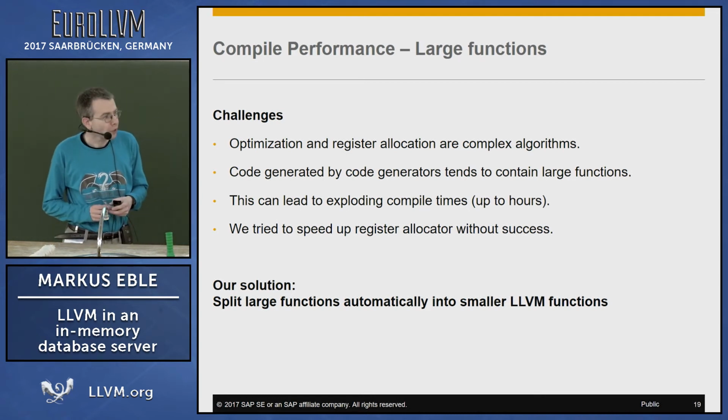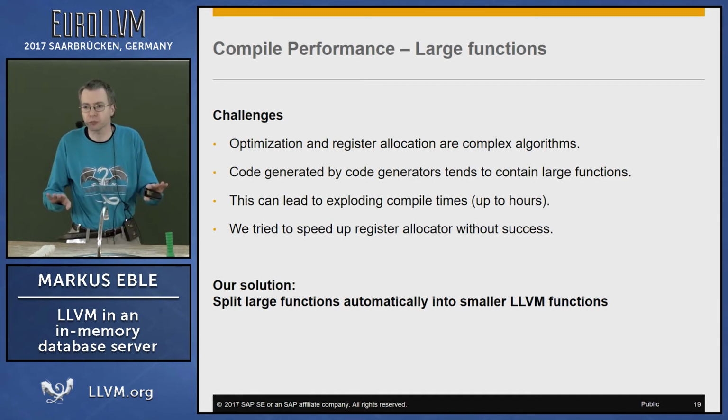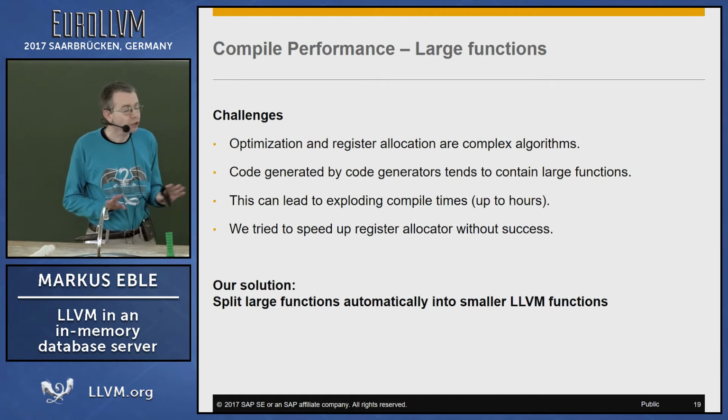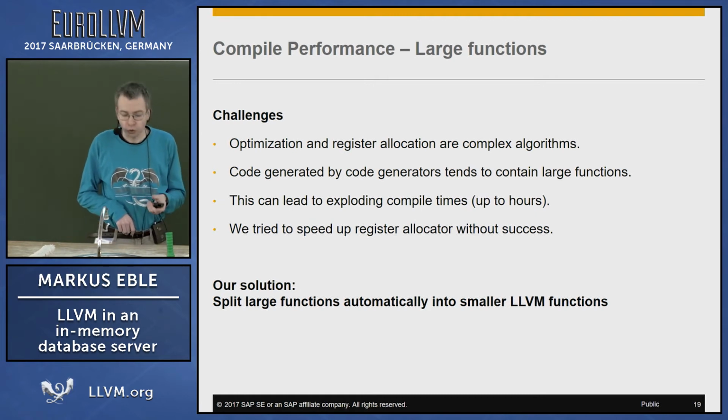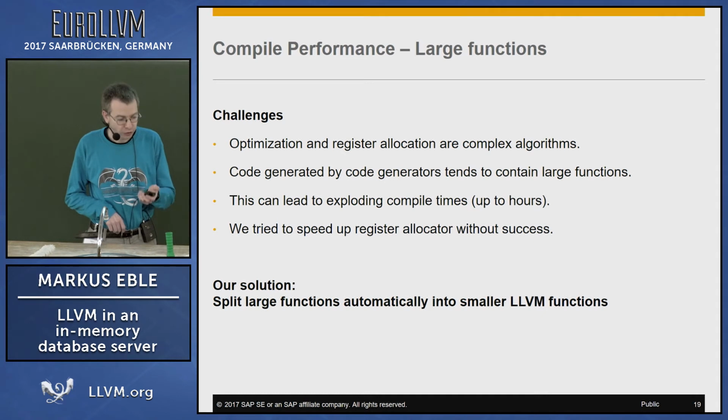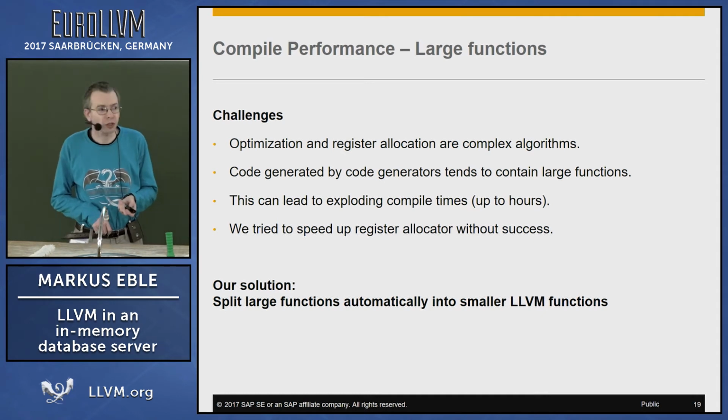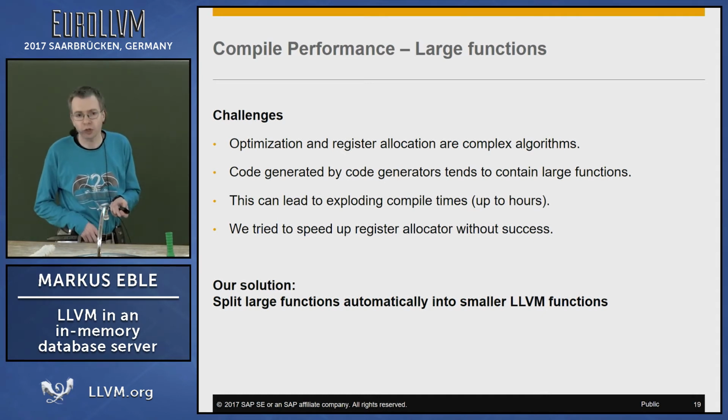We made several tries, especially looking into the register allocator, trying to tell the register allocator to simplify its work, or to say, here is some kind of point where you can safely make a split. We didn't succeed with this. So at the end, we decided to try to split up the functions on our own automatically.